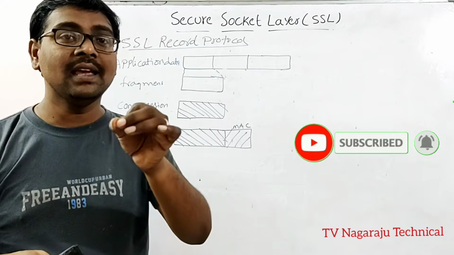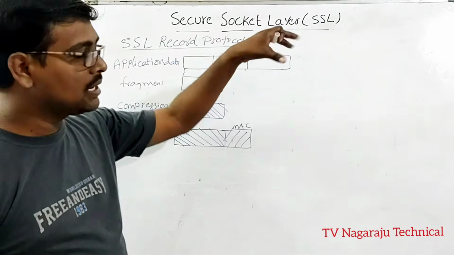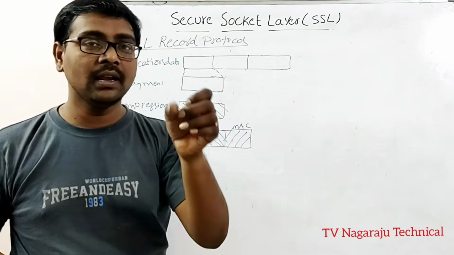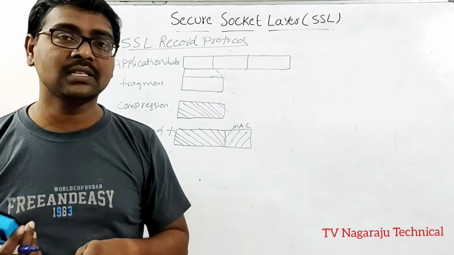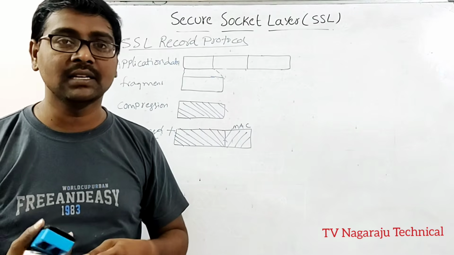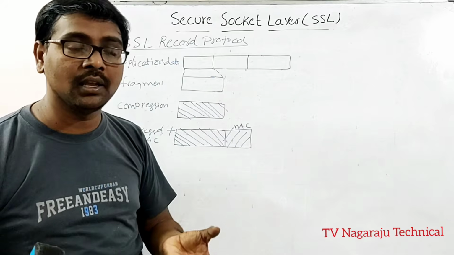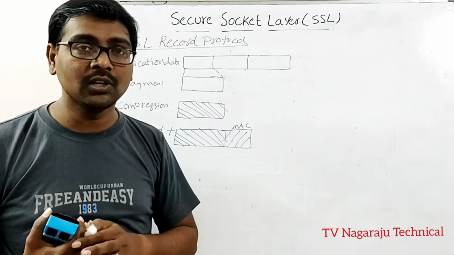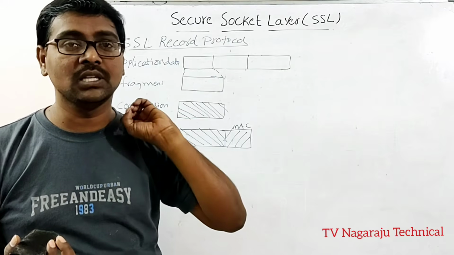Apply any encryption algorithm. That means, you understand, Secure Socket Layer provides security to the data that is transferred between the client and server. That is, it achieves confidentiality. What is meant by confidentiality? An unintended person is unable to see the data.